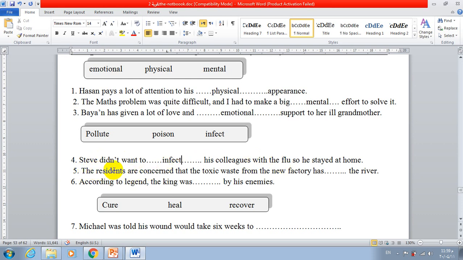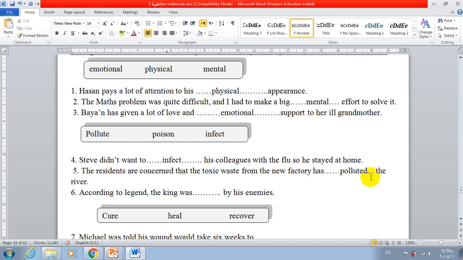Number 5, the residents are concerned that the toxic waste from the new factory has polluted the river. Yes, the right answer here is the word polluted. But here we add ed to the verb pollute to change it into the past because this sentence is in the past.